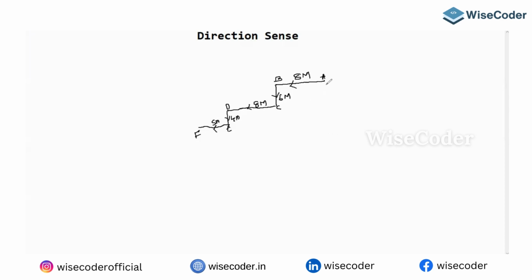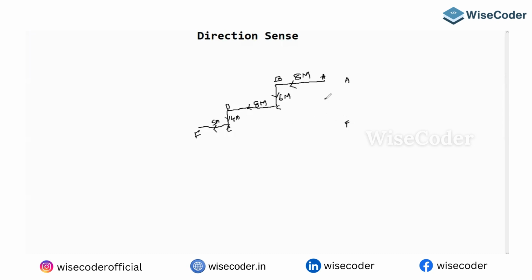Horizontal distance is what is being asked. So I can say A is the initial point and F is the final point. Let A and F be the initial and final positions.